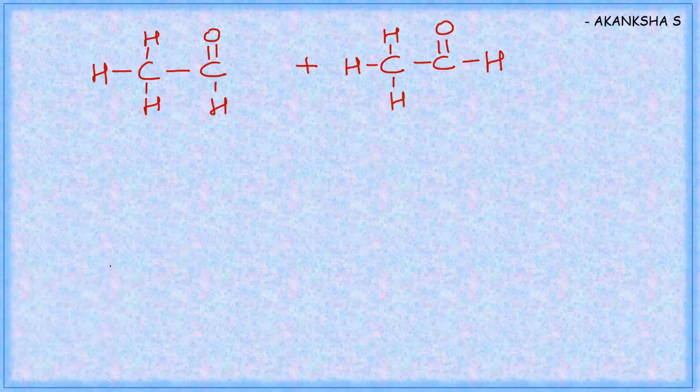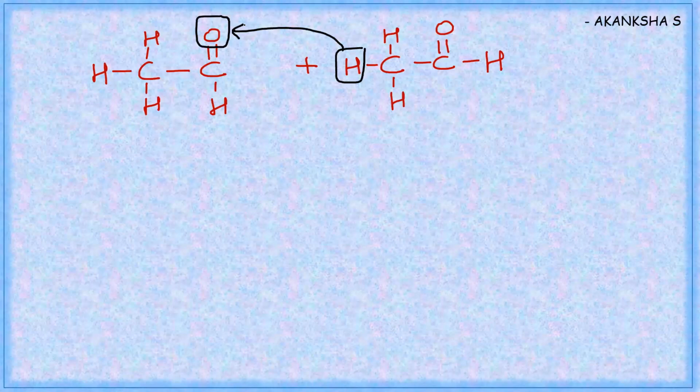What does aldol actually suggest? Whenever ethanal comes in contact with another ethanal, or one aldehyde comes in contact with another aldehyde, the carbonyl oxygen, which is partially negative, is going to attract the alpha hydrogen, the adjacent hydrogen, of the next compound. So hydrogen starts moving to the partially negative oxygen. Why?